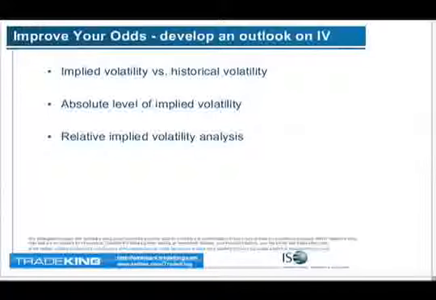And so if you can get the gears working all together at the same time, and the gears being, in this case, just simply stated as what the spot price is moving and what the implied volatility of the contracts is doing that you're going to trade, if you can get those gears moving together, you have a better chance, you have better odds of being successful when you trade.